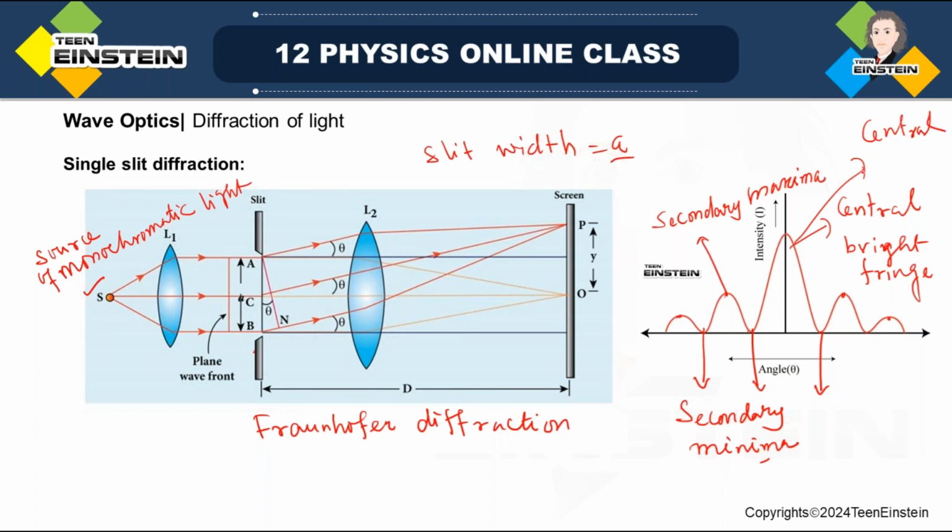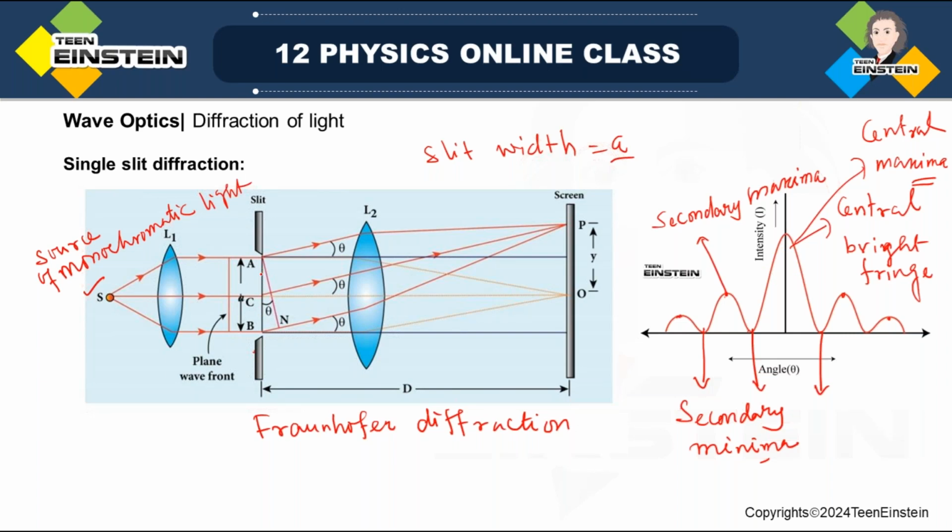Maxima means it will have some intensity, bright points, and minima means dark points, where there will be zero intensity of light. So central bright fringe means central maxima. This is the kind of pattern we will get in diffraction. But why does this bright fringe have so much intensity, and how does this bright fringe happen here? Let us see.